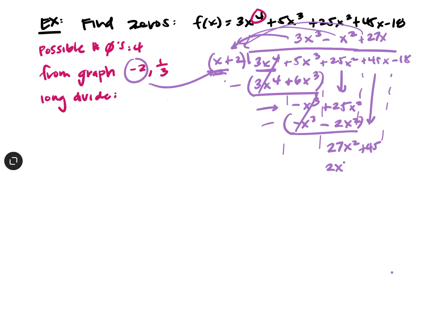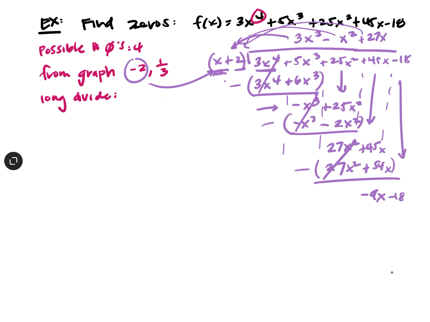So 27x times x is 27x squared. 27x times 2 is 54x. Subtracting again, we get 0 like we expected. 45 minus 54 is negative 9x.